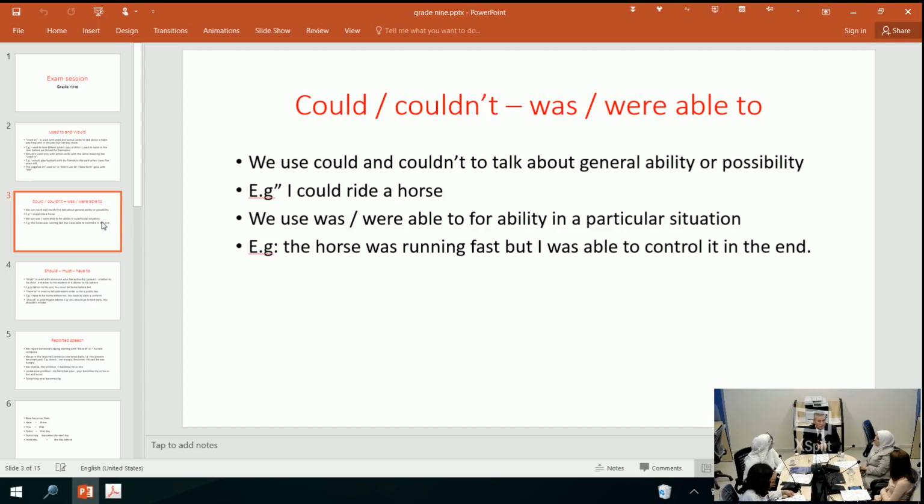But here we are clarifying when it is just one situation. For example, I have an exercise. It is very difficult, but in the end, I was able to do it. But when we talk about ability in general, we use could.